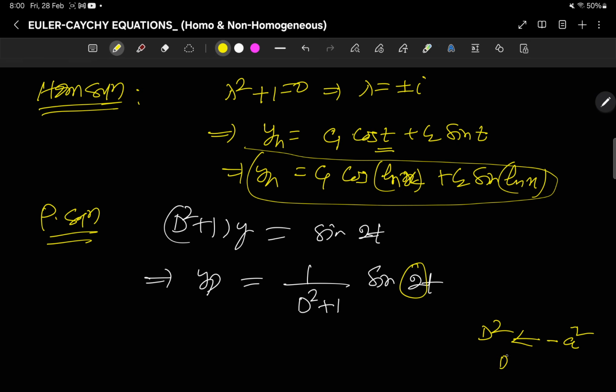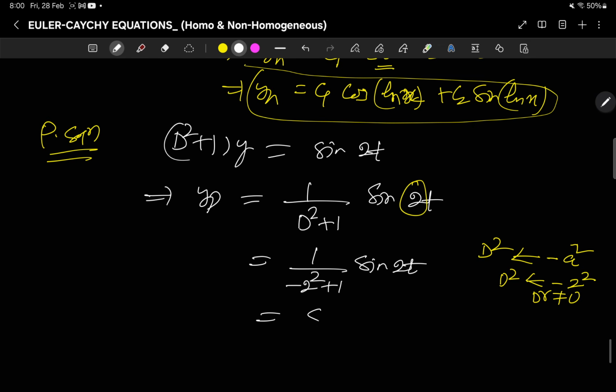So d square is replaced by minus 2 square, provided the denominator is not equal to 0. So I can write it 1 by minus 2 square plus 1 sin 2t, which is sin 2t by minus 3. Now substitute the value of t here. So this is equal to sin 2 ln x by minus 3.